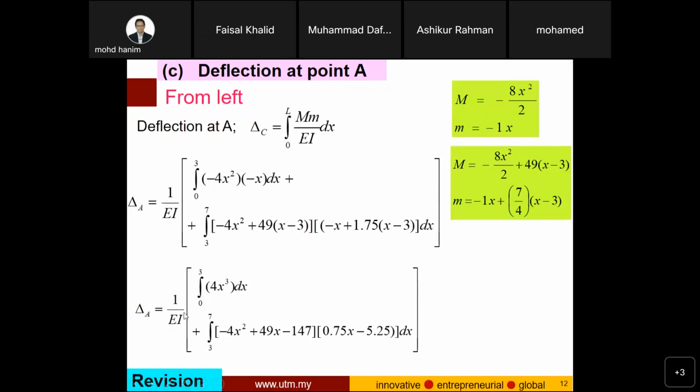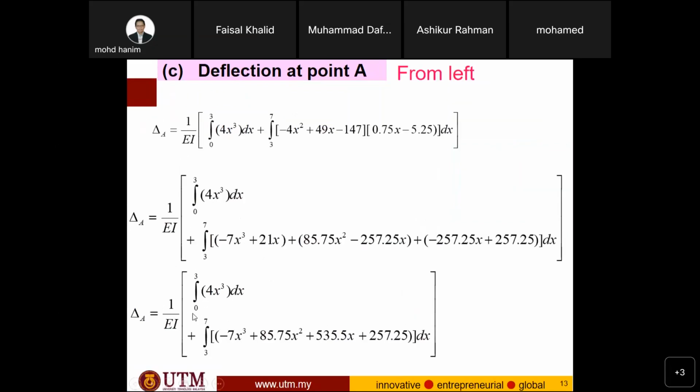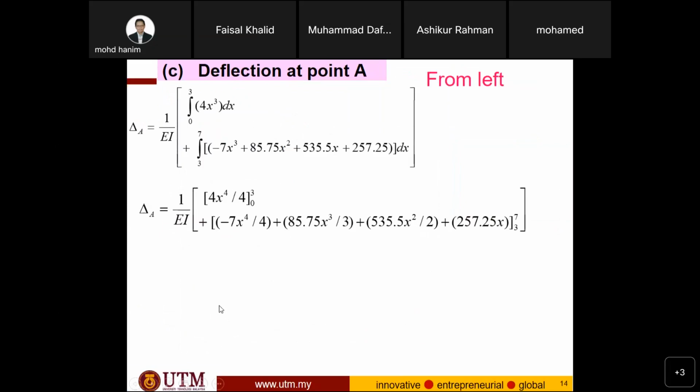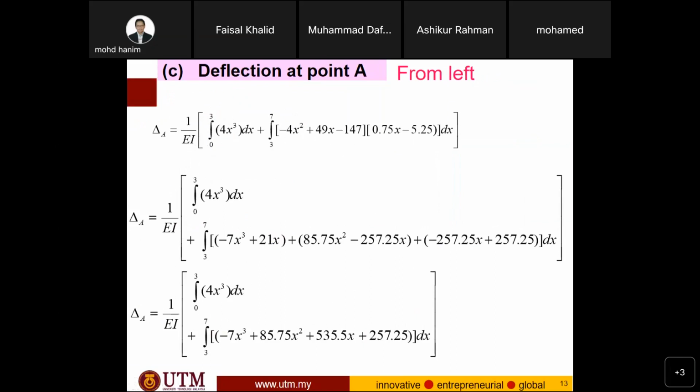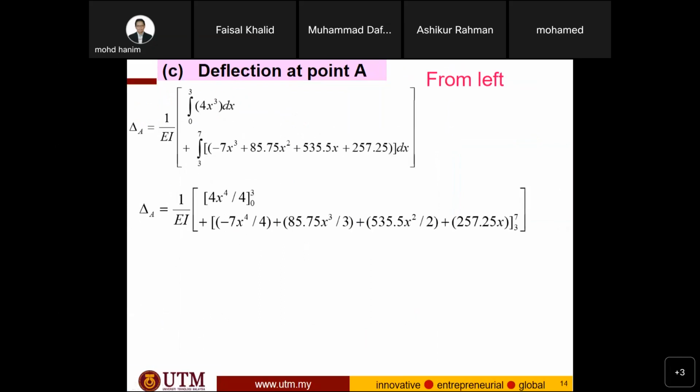We got delta A equals 1 over EI times this energy equation. We cannot go through each line because it's too long.